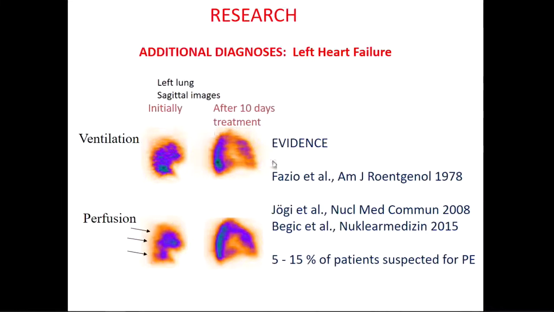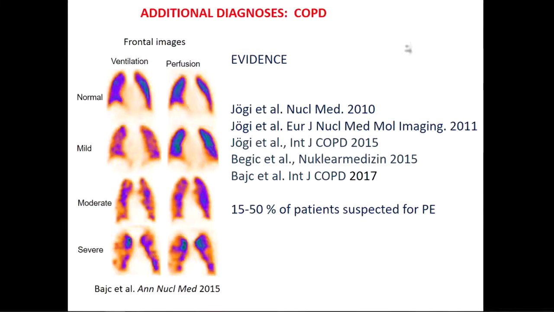Left heart failure: already Fazio and others in 1978 told you that there will be a redistribution of perfusion towards higher regions in left heart failure. And this research has been continued within Marika Bikes and my group. If you go for COPD, there are lots of early case reports.